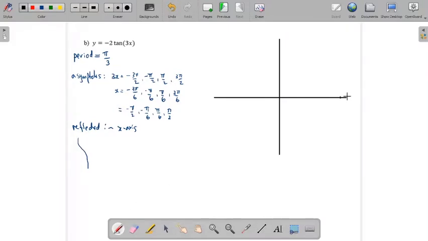Again, we are graphing from negative pi to pi. And we've got asymptotes here at pi on 2, so that's convenient. We'll put that there at pi on 2.